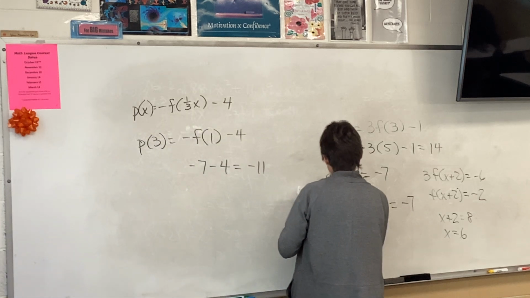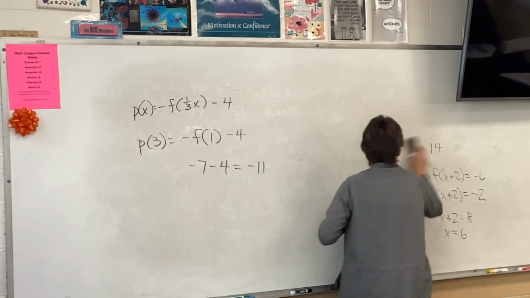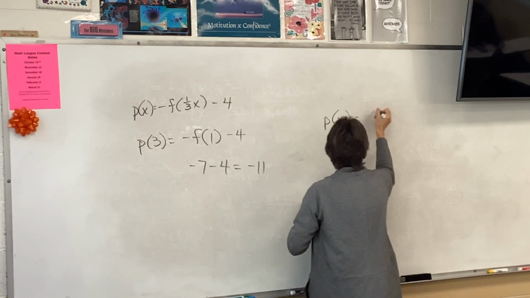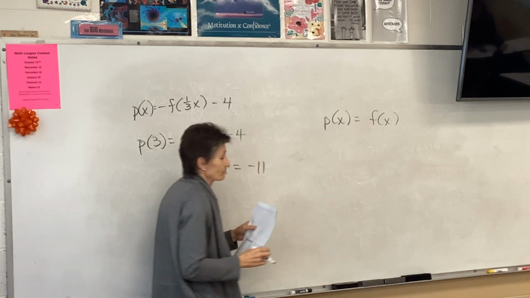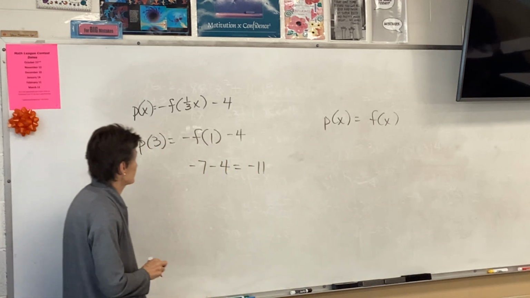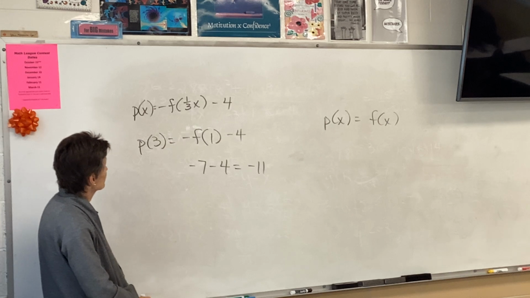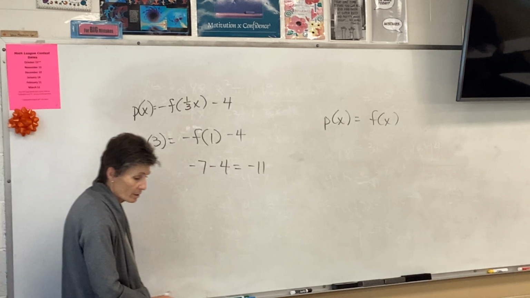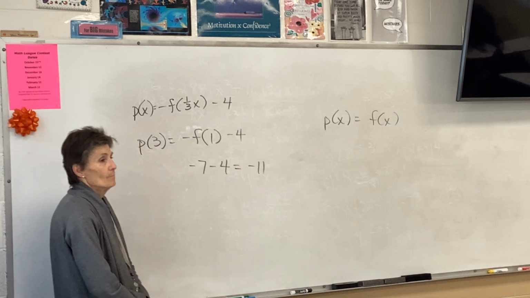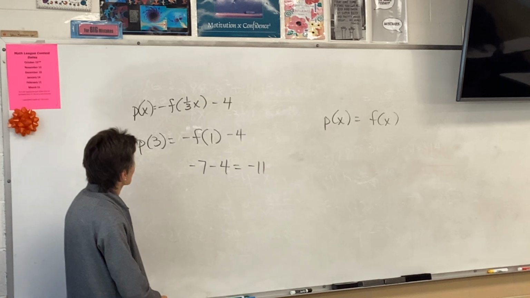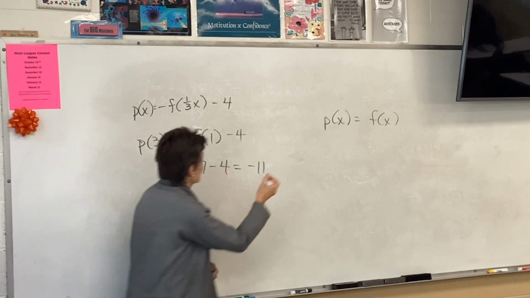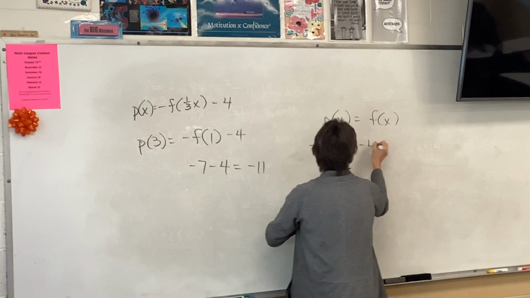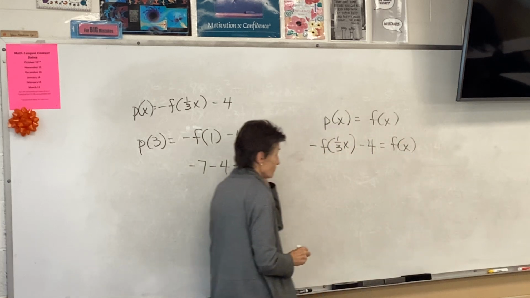All right, find x if P of x equals F of x. What do you think about that? What do we plug in for P of x? Negative F of 1/3 x, so negative F of 1/3 x minus 4.